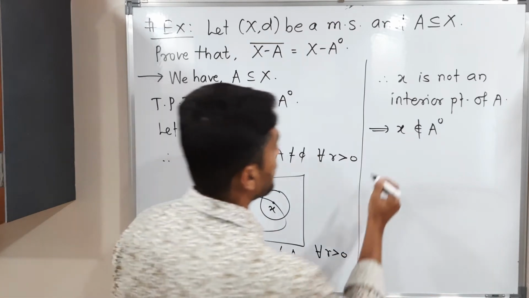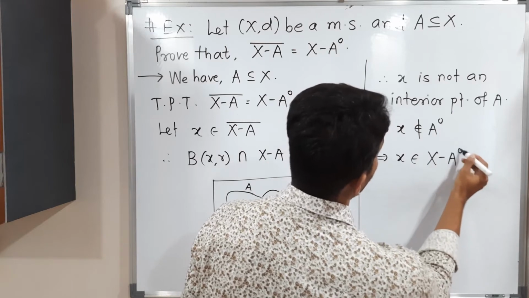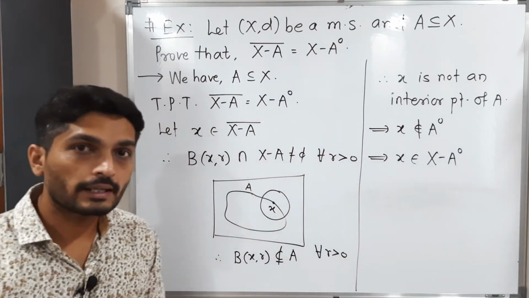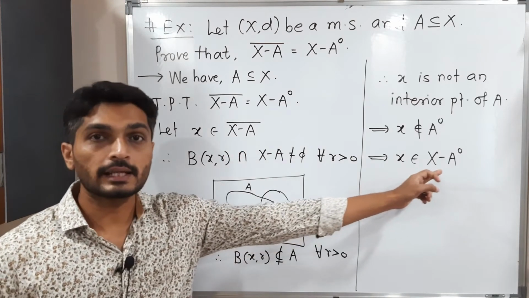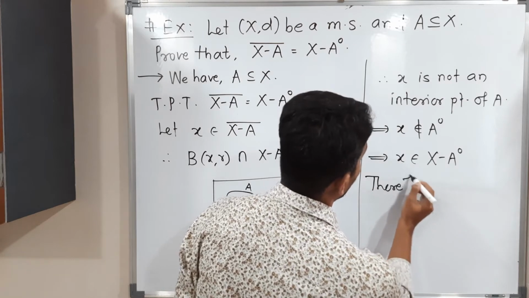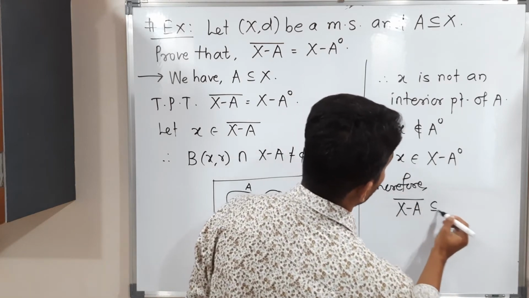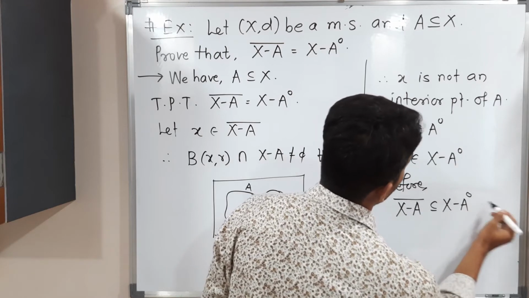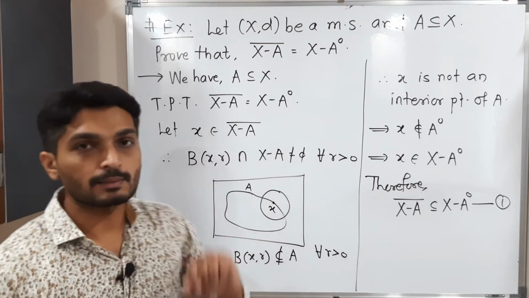It is in the complement. So therefore x belongs to X minus A interior. We had taken a point from X minus A bar, and we have proved that it is in X minus A interior. So therefore X minus A bar is a subset of X minus A interior. I will call it 1. So here we have proved that one is a subset of the other.